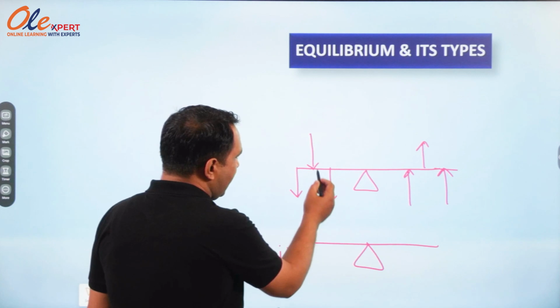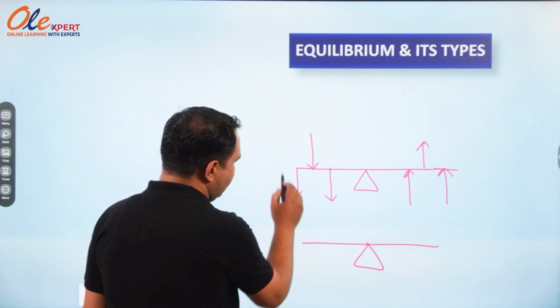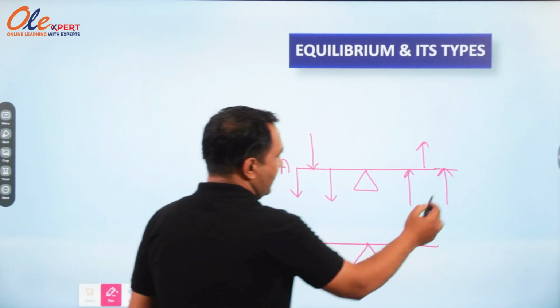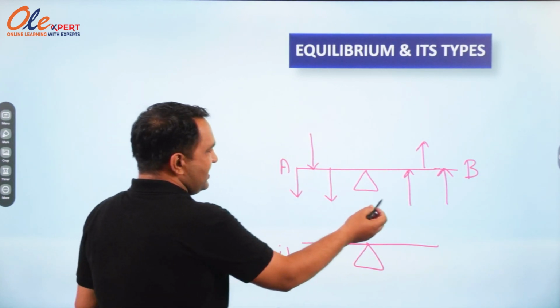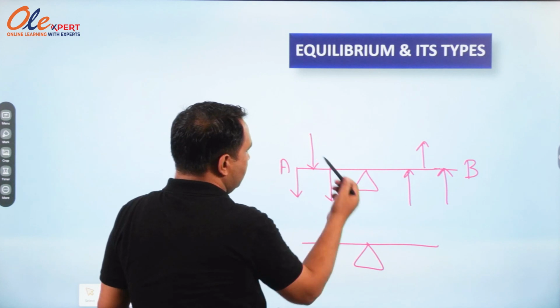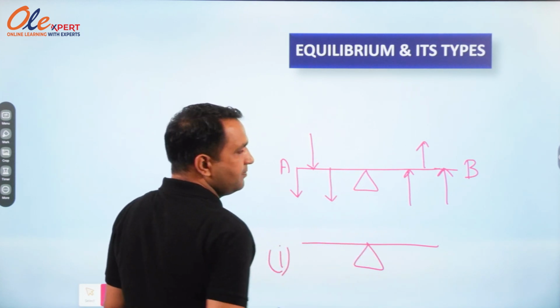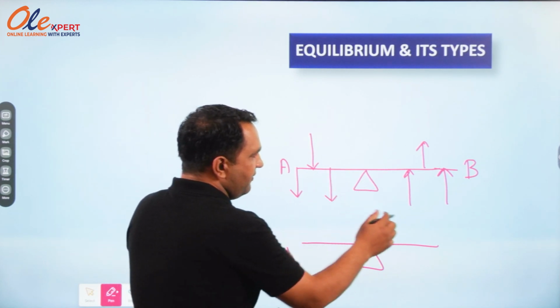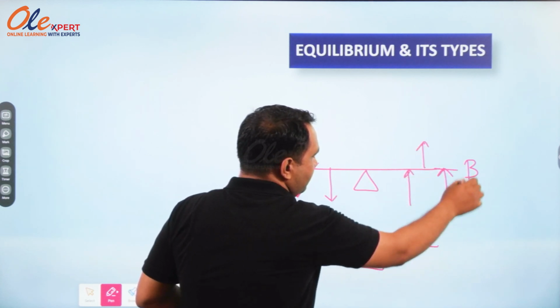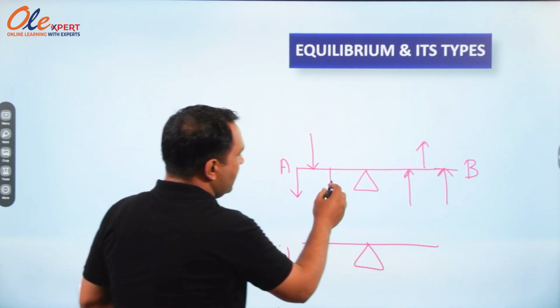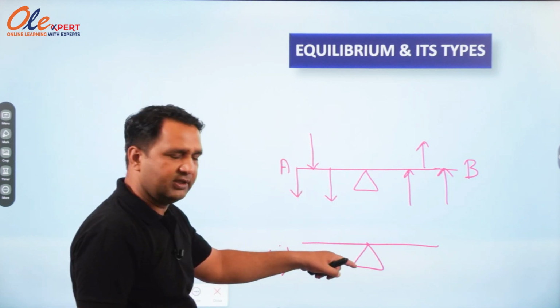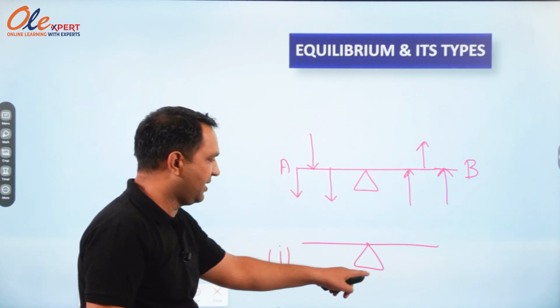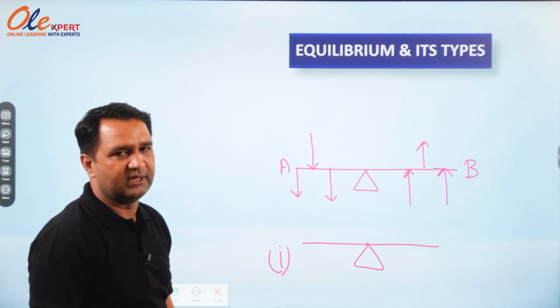Now we applied some force at this side, at the A side as well as the B side. It is not necessary that this force should be equal to this one, but the total moment of force at point B should be equal to the total moment of force at point A. In this condition, this will remain in a state of equilibrium.